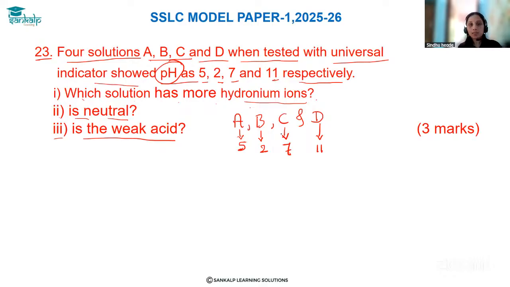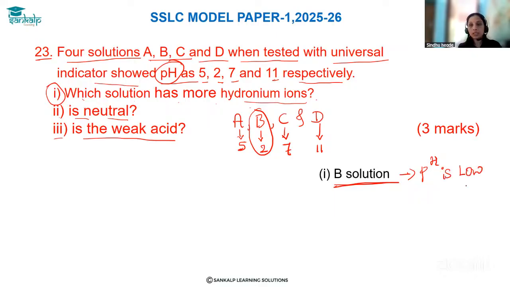Which solution has the lower pH value here? Solution B. So for the first one, which solution has more hydronium ions? The answer is solution B, because its pH value is low. Lower the pH value, the more hydronium ions.